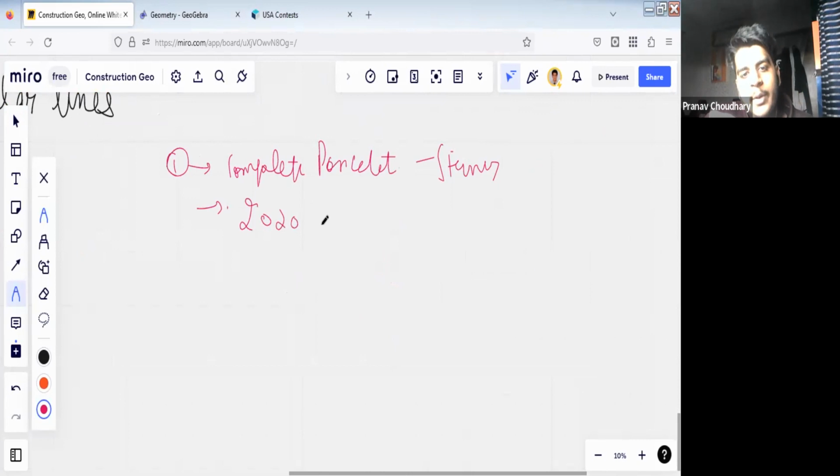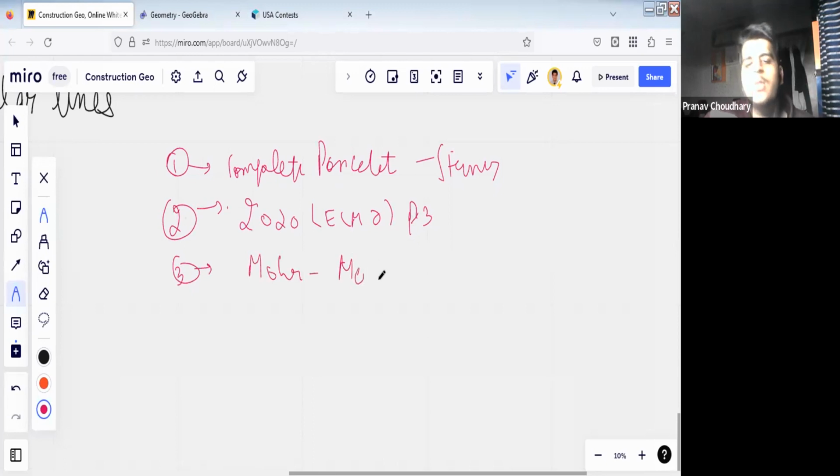Second option is look at ELMO 2020 P3 structure, the perpendicular bisector one, which I said in the starting of the class. And third is look a bit at the Mohr-Mascheroni theorem. It sounds fancy, it's just essentially what I said to Malay, that compass is superior to compass and straight edge. We can do the basic things in this Mohr-Mascheroni.